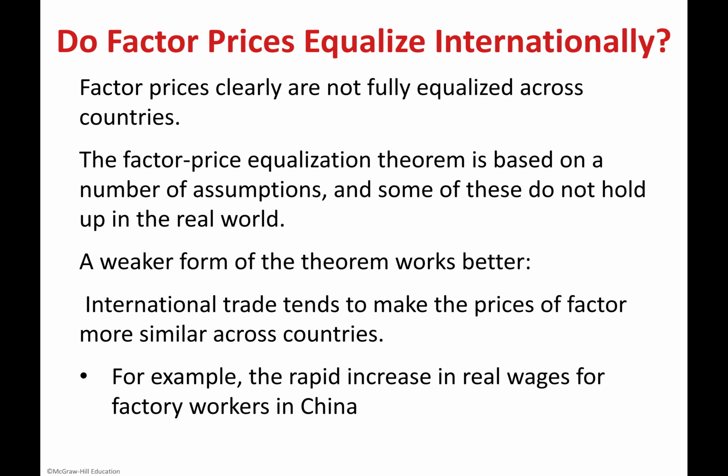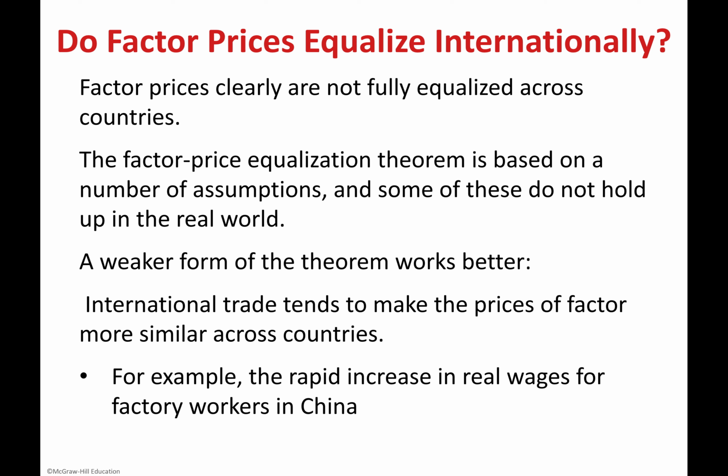Obviously, this is unlikely to happen, and the factor price equalization theory is based on a number of assumptions, and some of those assumptions do not hold up in the real world. There are barriers to trade. For instance, just the cost of shipping stuff would cause prices to be different in each country, and that reflects therefore different factor prices as well.